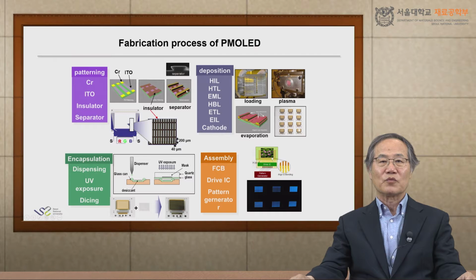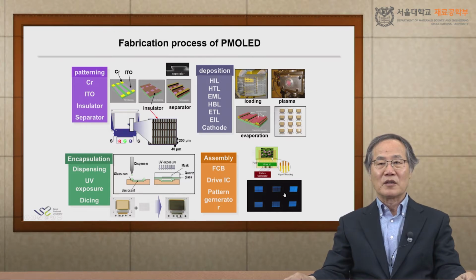That means you prevent a short of the electrode, because these are separated by these overhang structures, and then you get this kind of electrode in this line and the anode along this line. After that, you encapsulate this device and dice it to get this kind of structure.